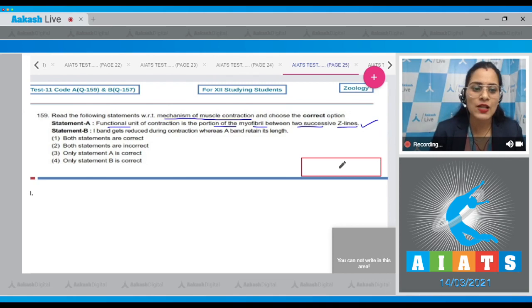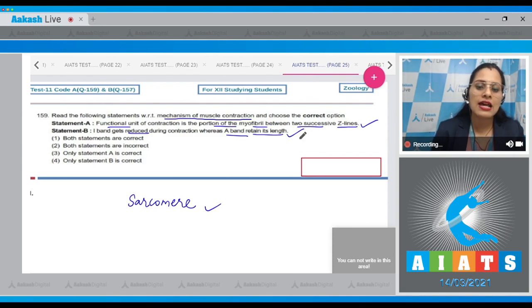And this is a correct statement because this functional unit of contraction is the sarcomere, and it is a portion which is present between two successive Z lines. Statement B says I band gets reduced during contraction, whereas A band retains its length, which is also a correct statement. And as both the statements are correct, the correct answer to this question is option number 1.